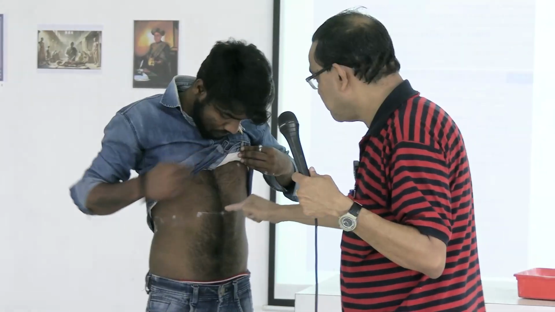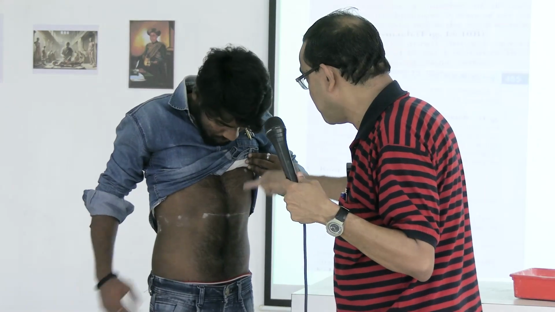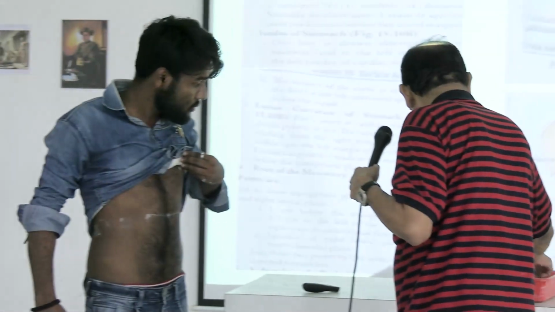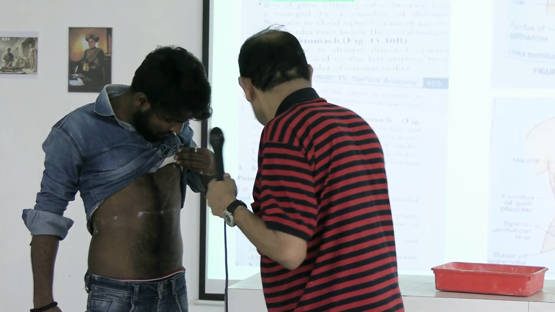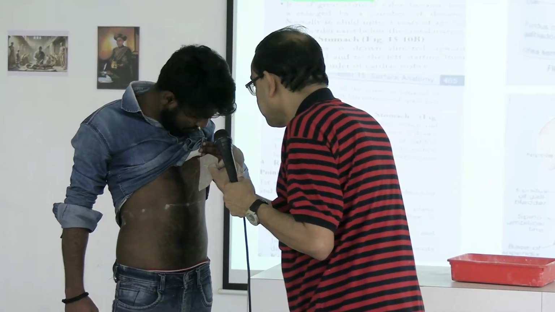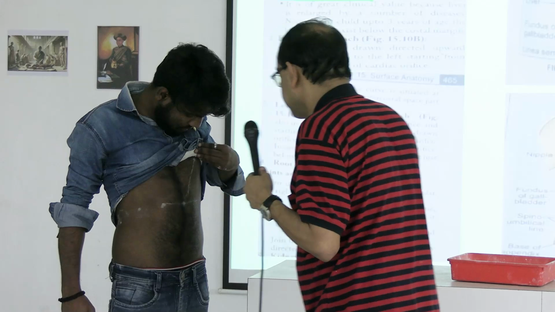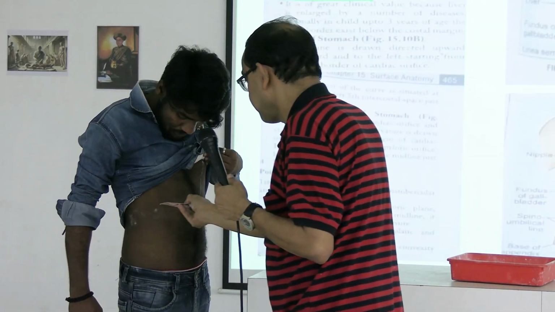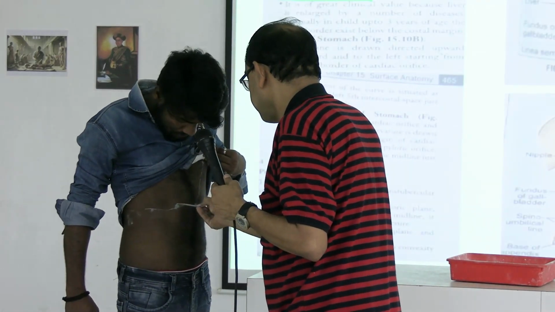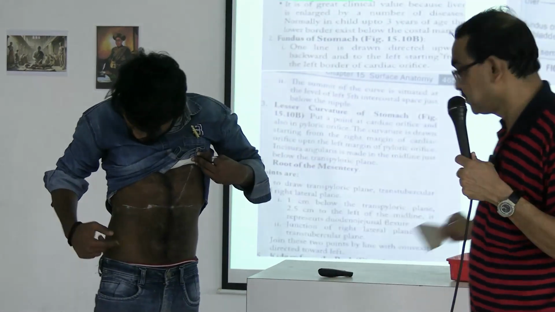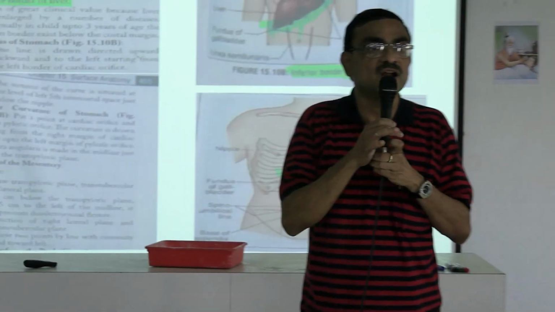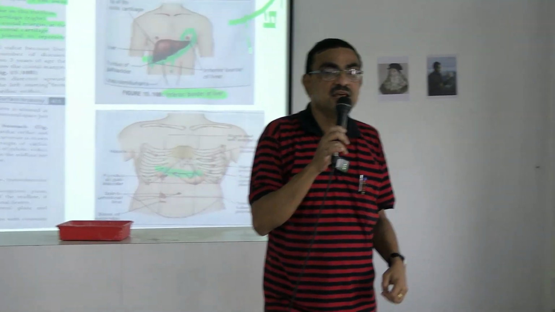So point 1, point 2, point 3 and point 4. If we join it, this becomes the inferior border of the liver.